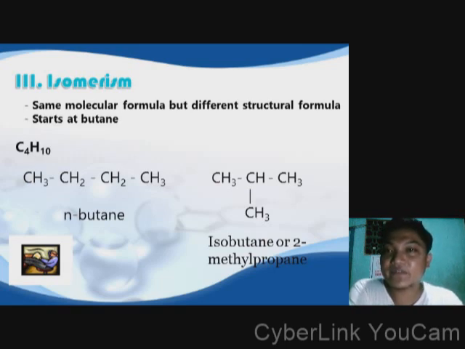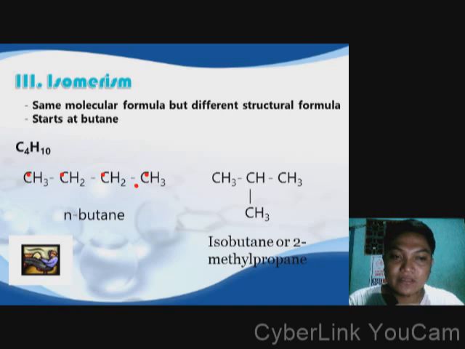Butane is C4H10. How many carbons? We have here 1, 2, 3, and 4. So we have 4 carbons.